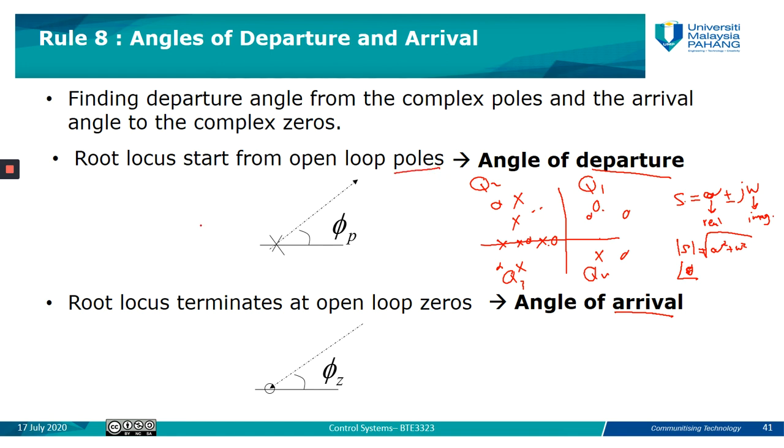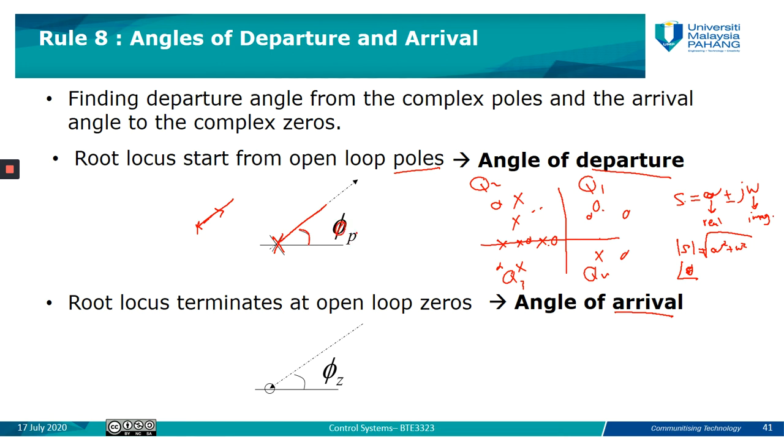Why? Because usually the root locus will leave the pole, go out toward the zero. It starts from the pole and goes out towards the zero. So if this is a pole and this is the root locus, it will depart by using the departure angle, or PP.